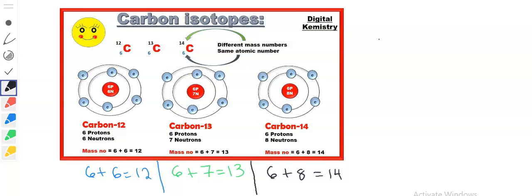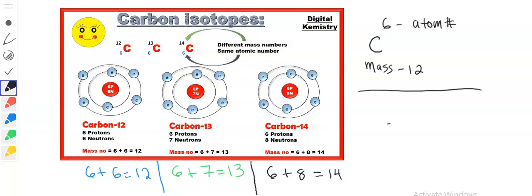So, example, if I wrote that the mass number is 12, and 6 is the atomic number, and then I write it again, 6 again and 12, they're going to be identical. It'll be the same. It wouldn't be an isotope.